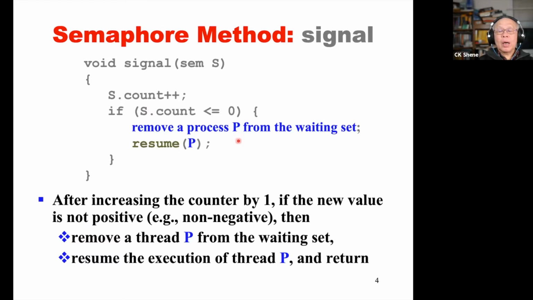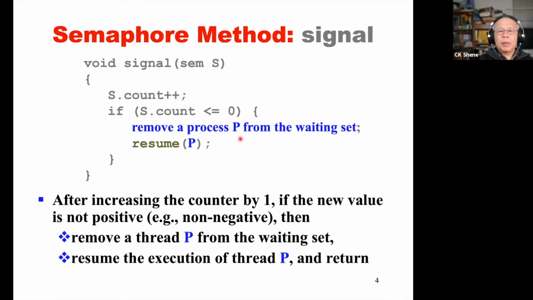When that thread is resumed, it's essentially equivalent to returning from its wait call. The differences between signal and wait: in wait, we subtract 1 from the counter. In signal, we add 1 to the counter. In the if statement, for wait, we test for less than 0. For signal, we test for less than or equal to 0.